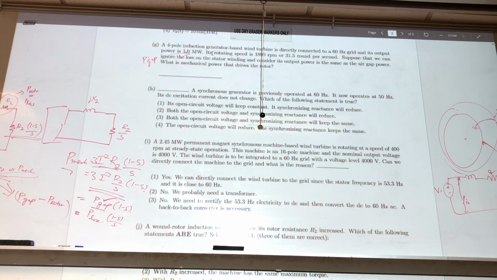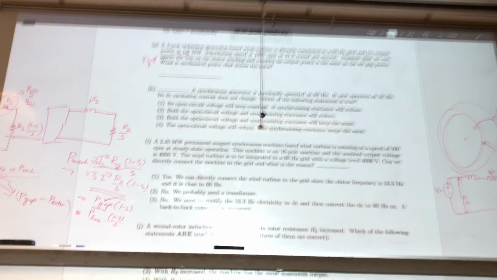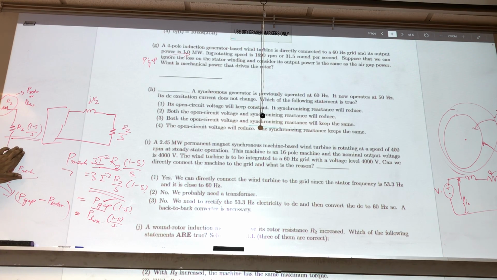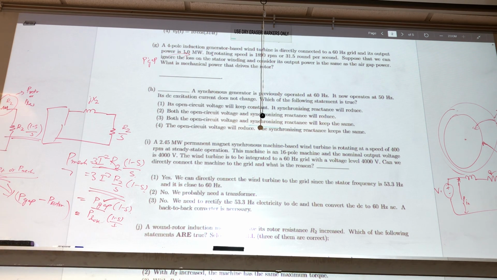So that's why you remove the loss already, right? Yeah, this is after removing the loss, and this is the output power with the loss. So this is not what we are seeing at the output of the generator. This is what we are seeing at the output of the machine. So when it says the speed is 1890 RPM, that means the mechanical power used to generate that speed is this.